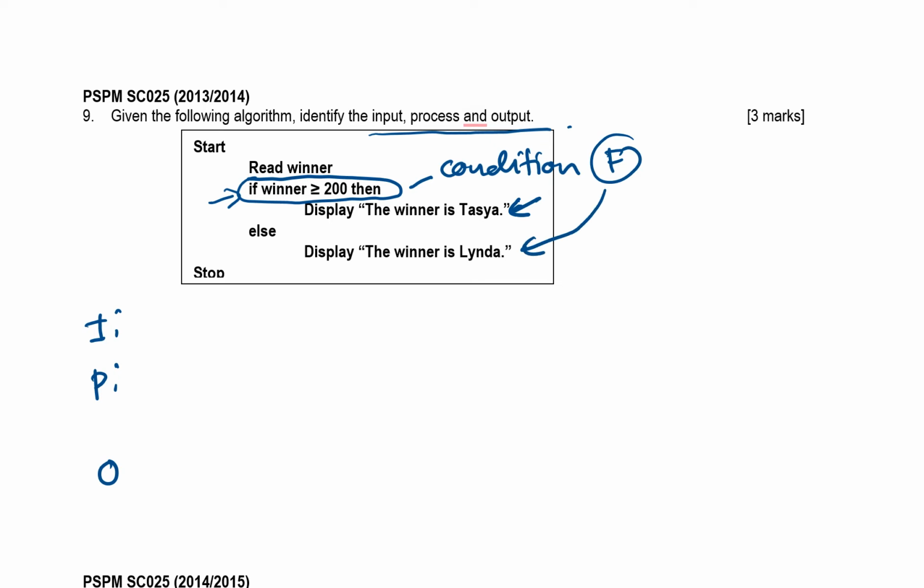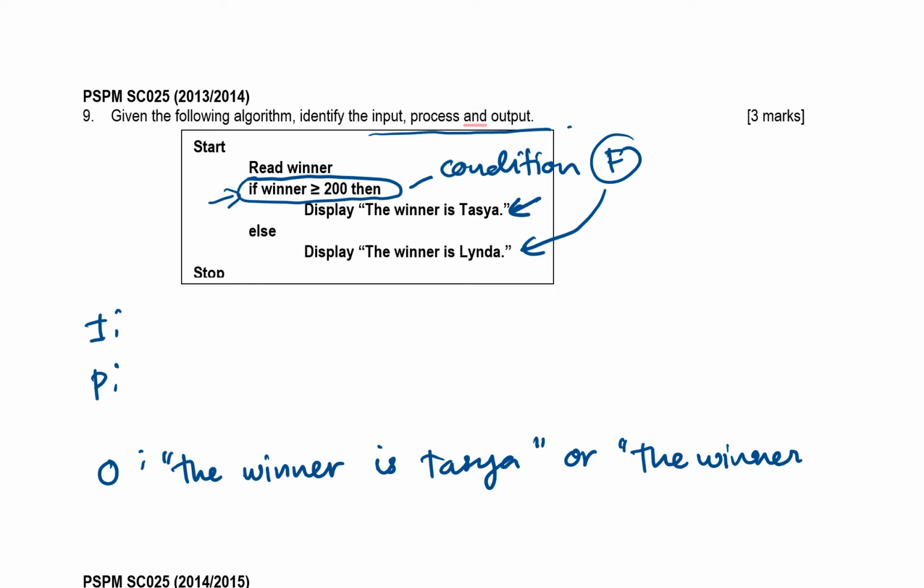Now what is the output? Since this one is a message, if you can see the double quote, that one is the message. So it will print or display exactly whatever is in your double quote. Is Tasha, double quote, or the winner is Linda.